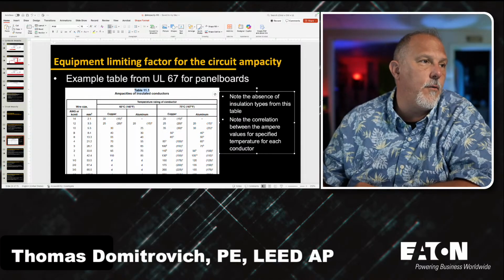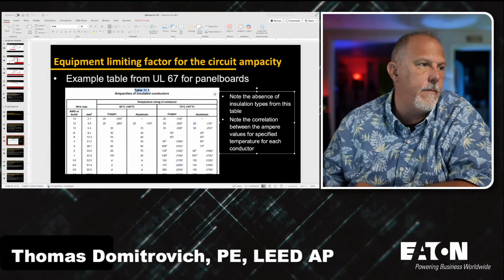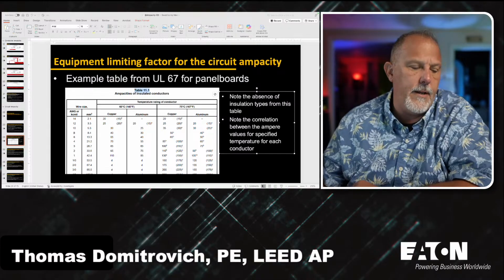What if we grabbed UL 489? Let's go to UL 489. I'm going to go to UL 489 now. 489 should also have temperature.